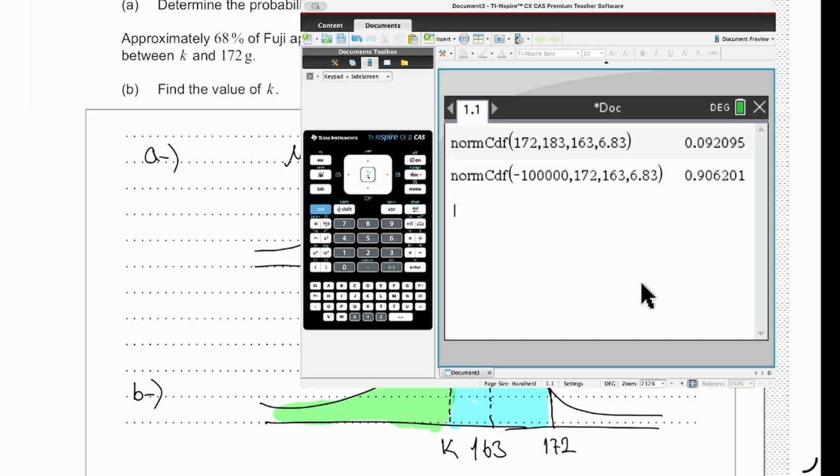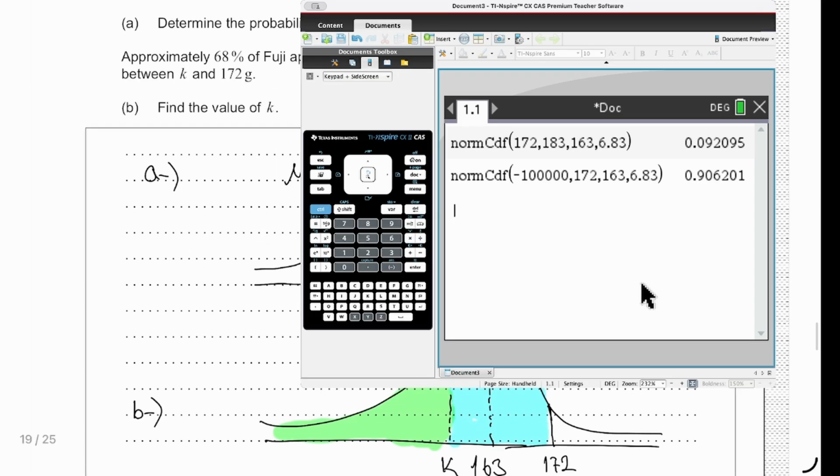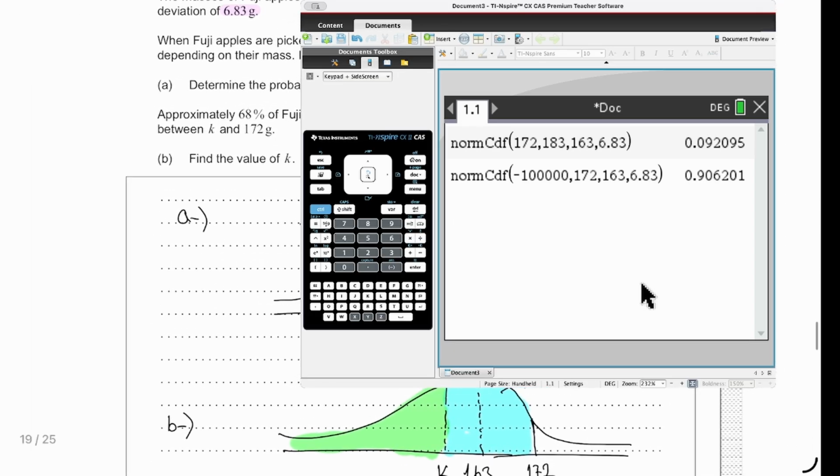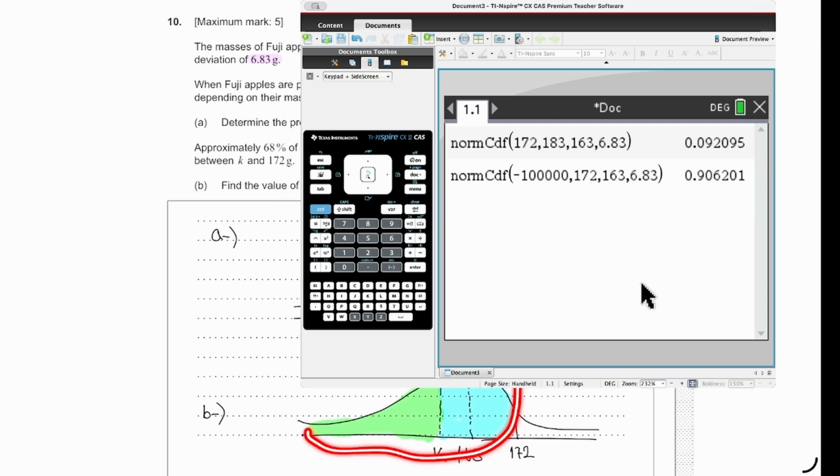So 0.906, it's the area of this part, right? This part.